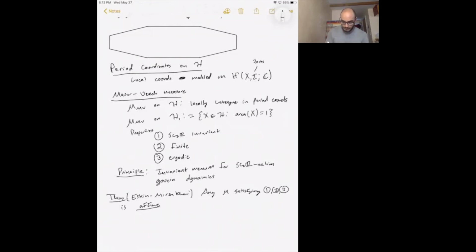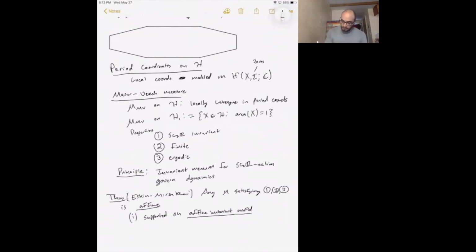So it's supported on what's called an affine invariant manifold. It's actually an orbifold, but this is the notation that's standard.